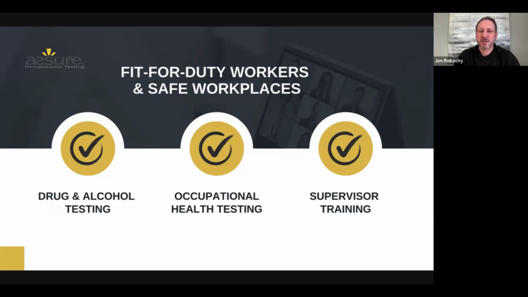We do that through occupational health testing, which includes a lot of different types of testing. Respirator fit testing would fit under there, lung function testing, health assessment, physical abilities testing. And we also offer supervisor training, so reasonable cause training and helping companies create a program and a plan and equipping managers to handle, when a worker is presenting as not fit for duty, how to properly handle those situations.